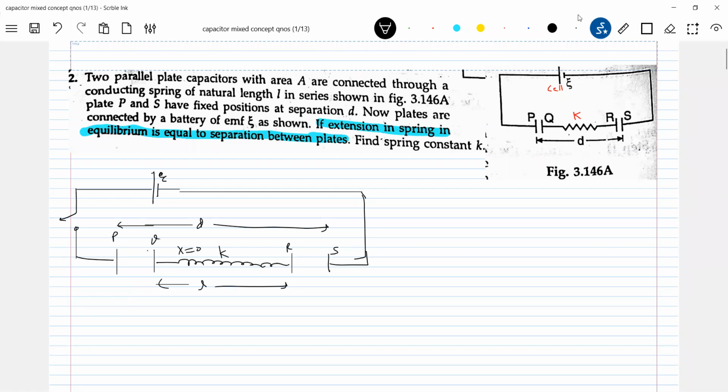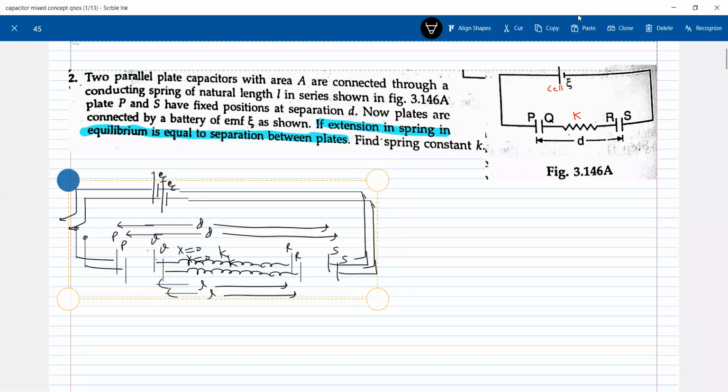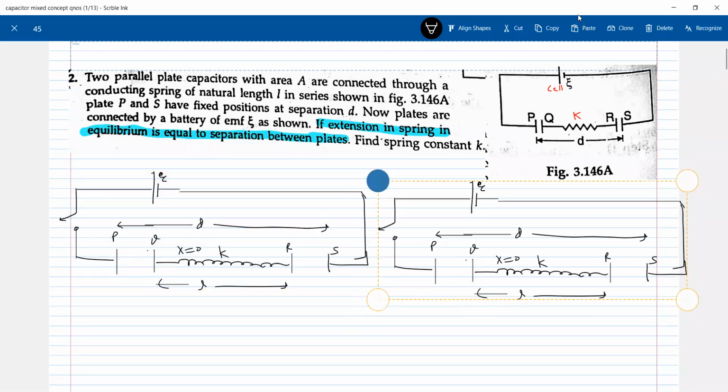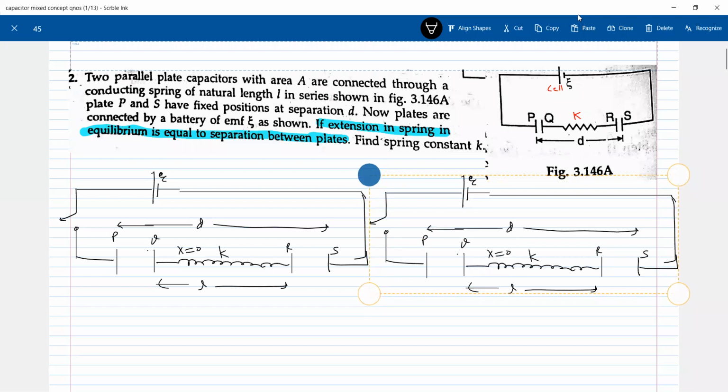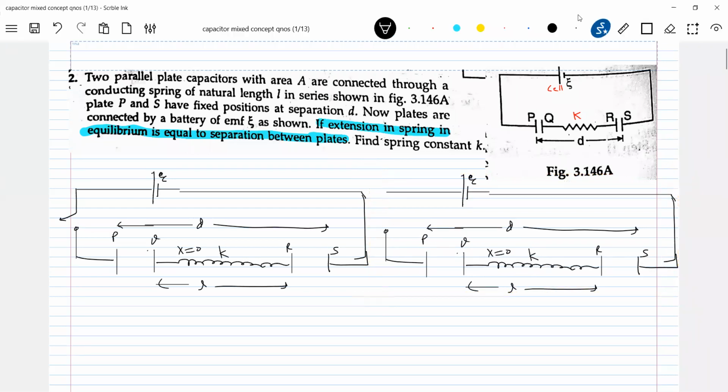Now the same problem. I'll close the switch. What will happen to the spring? First a charge will come and deposit here.